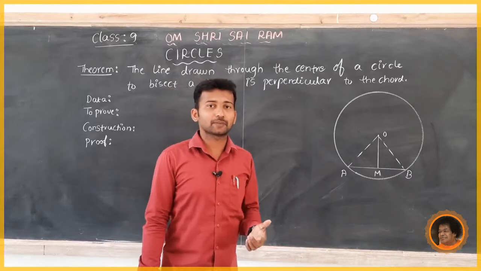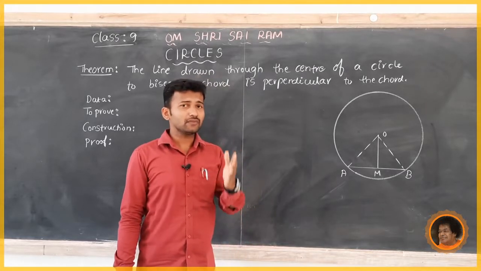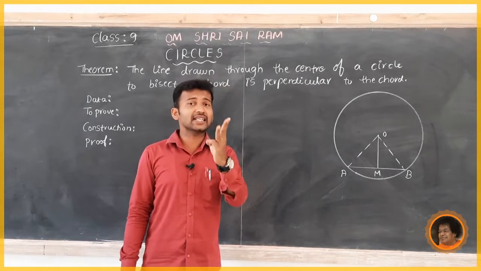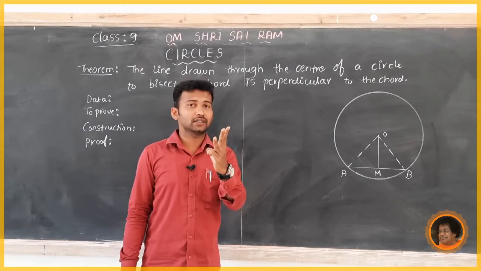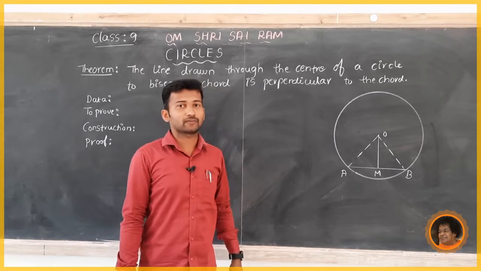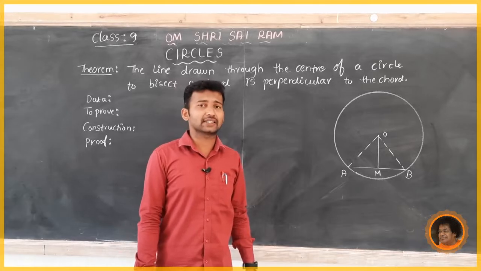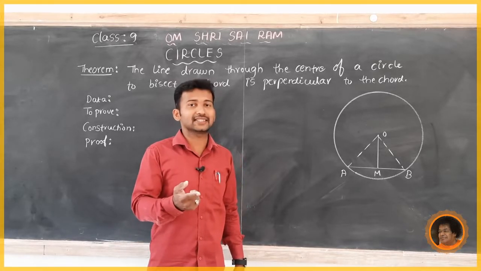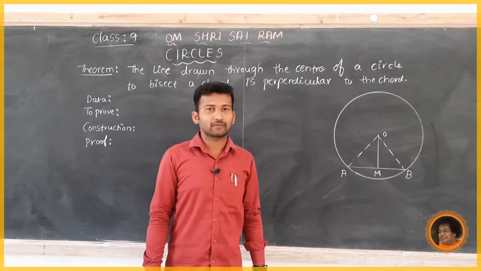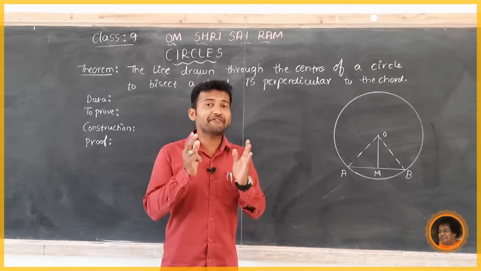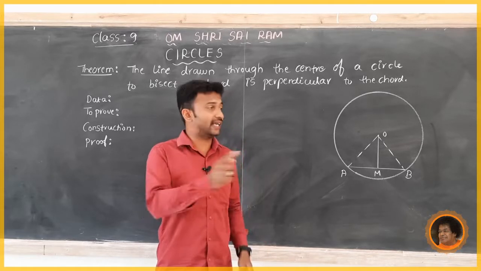In the last class, we discussed that generally there are 3 steps required to prove a given theorem. But in some cases, we need one more, that is construction. What is the first step to prove the theorem?